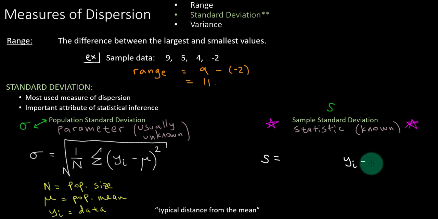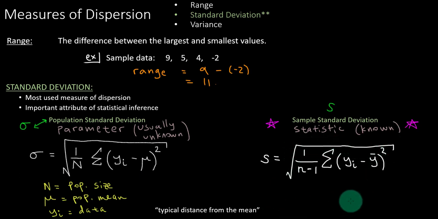We will subtract the mean of the sample, which would be y with a bar, and then square those deviations and add them up. The main difference here is that instead of averaging with the letter n, we actually do n minus 1. Again, these are squared deviations, and we get back to the original unit of measure by square rooting in our final step.